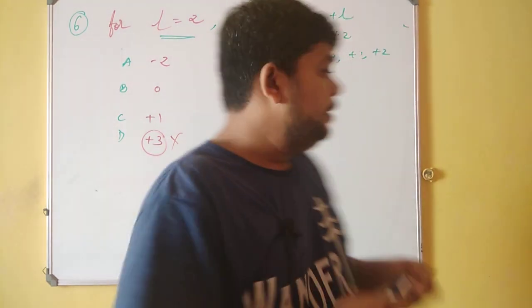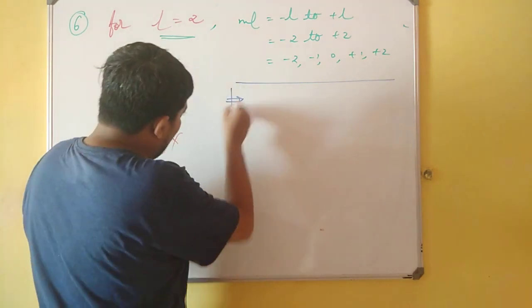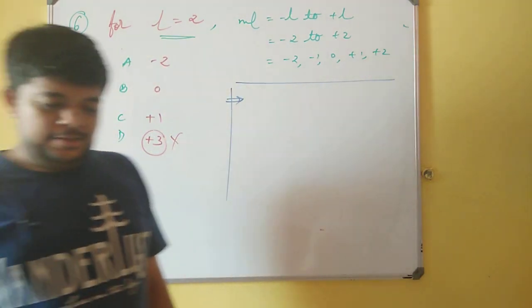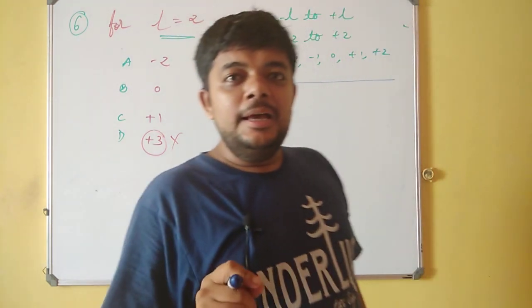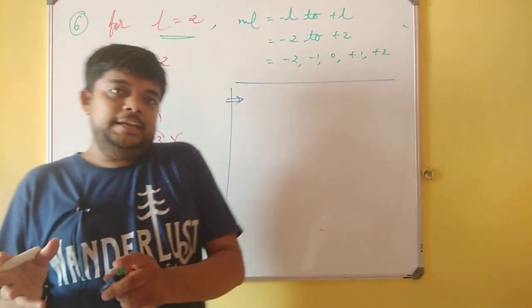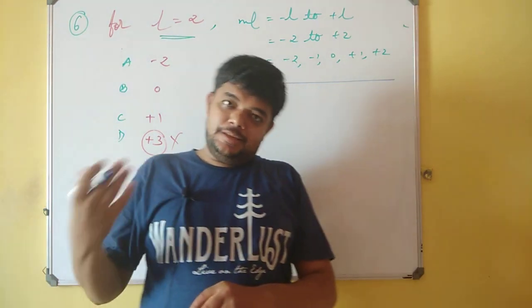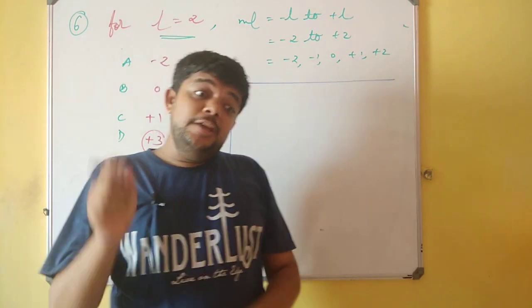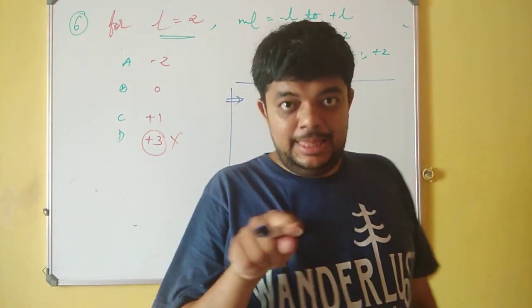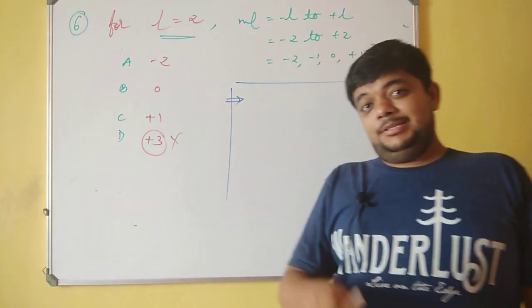Now I will write a statement and justify one of the questions. Sir, why are you writing S alone sometimes as a suborbit, sometimes as an orbital? Why did you say that L determines a subshell and ML determines an orbital?